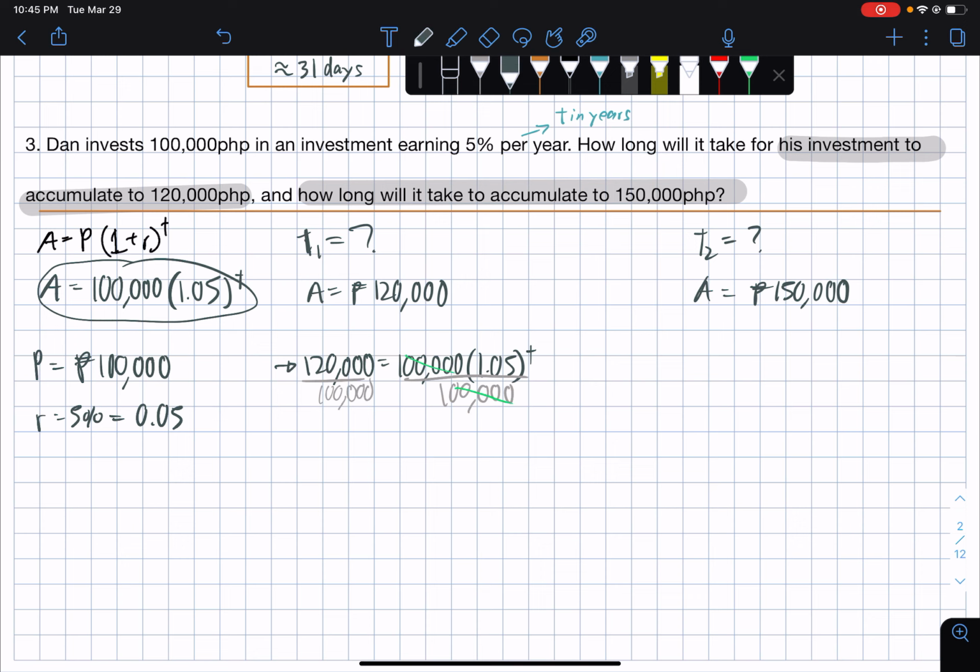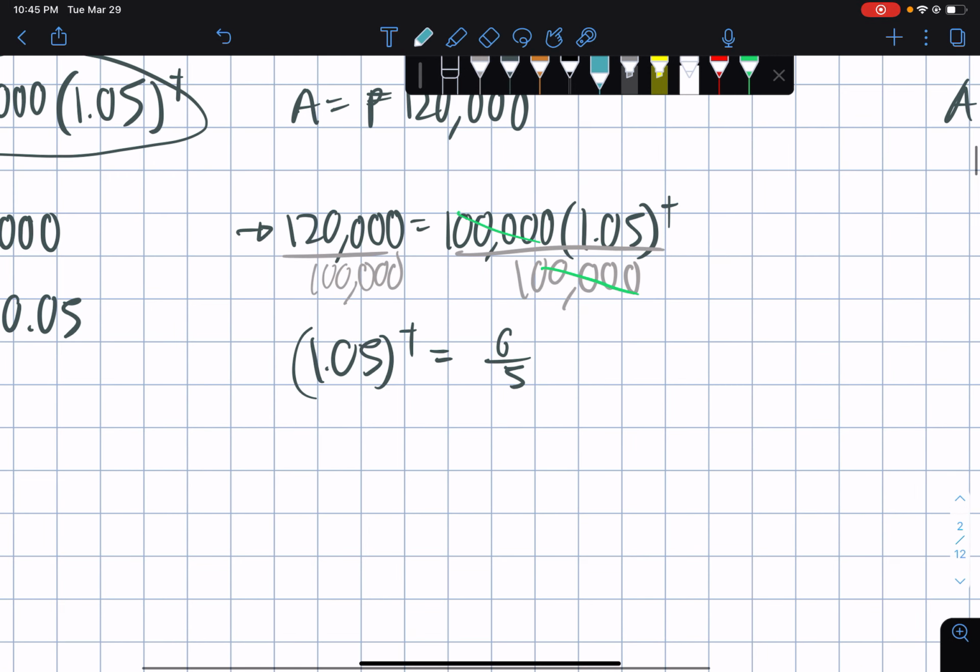So we have 1.05 raised to t equal to 12 over 10, or in other words, 6 over 5. I hope I simplified it correctly. 120,000 divided by 100,000. Yeah, 6 over 5. So we take log on both sides in order to bring down our exponent t.